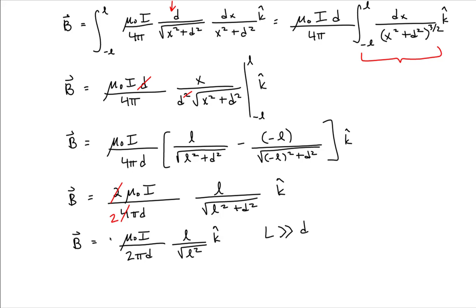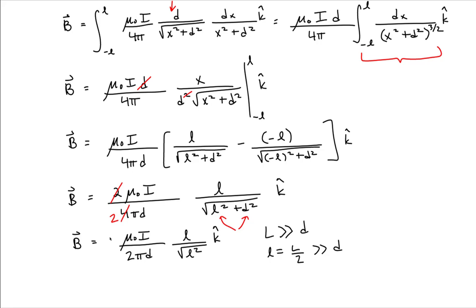And remember, we're defining little l to be L over 2. So that's also going to be much, much greater than d. Since it's much, much greater than d, the L squared under the square root overpowers the d squared.